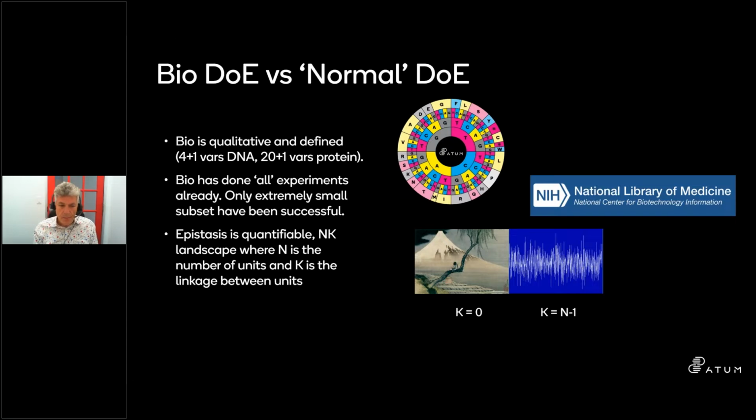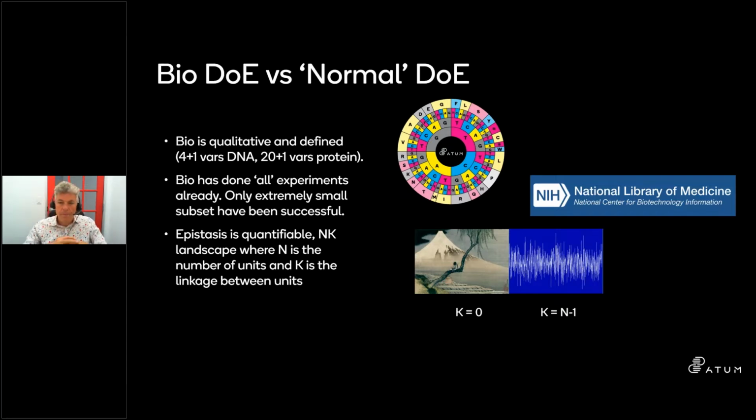And of course, these epistatic effects are nicely quantifiable, and there's been a lot of work done on what they call NK landscapes. This is Stuart Kauffman's work from quite a few years ago, where you can look at the synergistic relationships in this epistatic space.